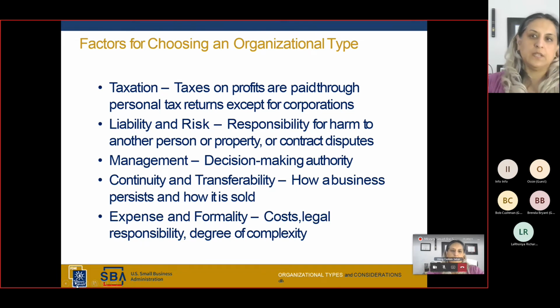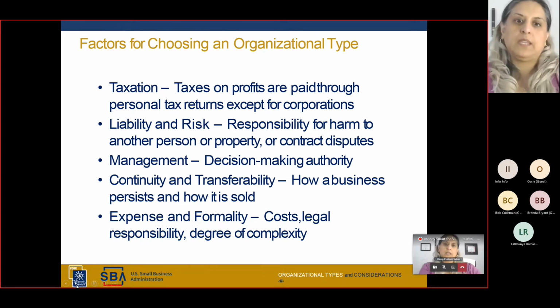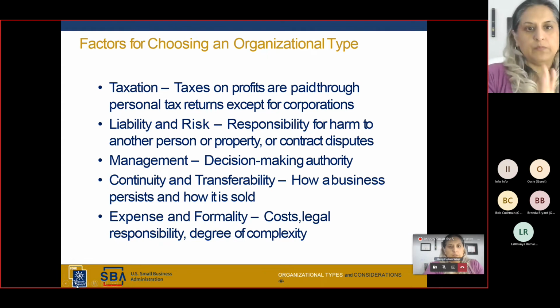Management is your decision making and who has the authority to do what in your management style. Each legal structure has its own decision-making authority. Transferability refers to how a business will persist and how the business is sold to new ownership.